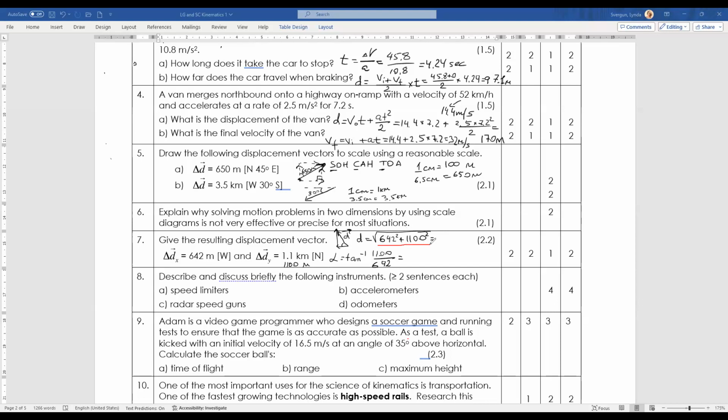One side squared plus the other side squared. Using the Pythagorean theorem, it should be bigger. The hypotenuse is always longer, right? The displacement vector is the hypotenuse, so the hypotenuse is the longer side. Plug it into the calculator and check how much it will be.